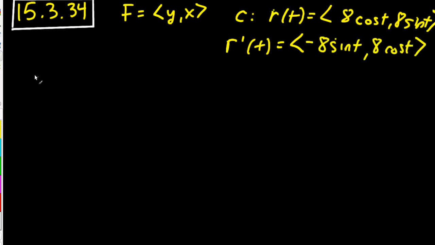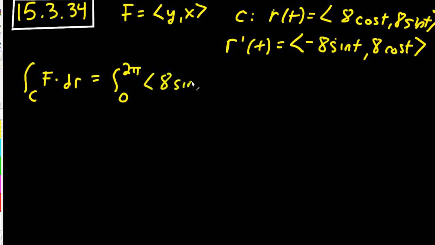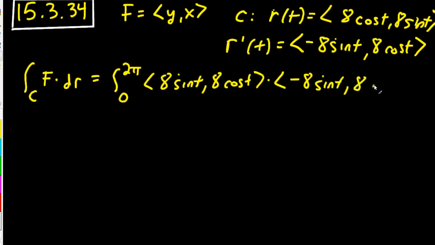So now we can compute the integral along the curve of f dot dr. With this parameterization, t goes from 0 to 2 pi, and in place of y we have 8 sine t. In place of x we have 8 cosine t. And we're going to take the dot product with the velocity, negative 8 sine t, 8 cosine t, dt.